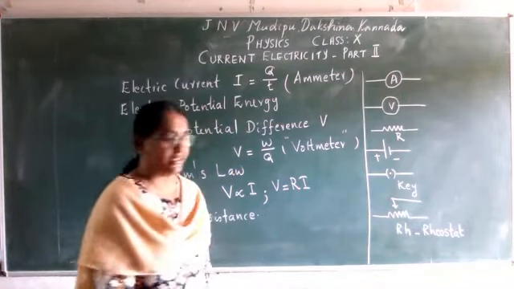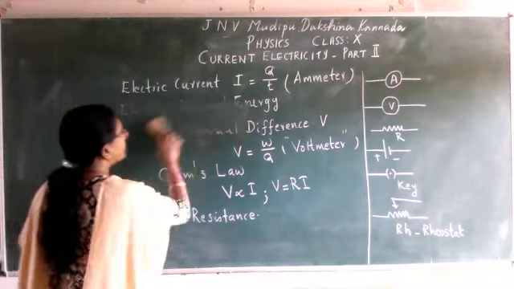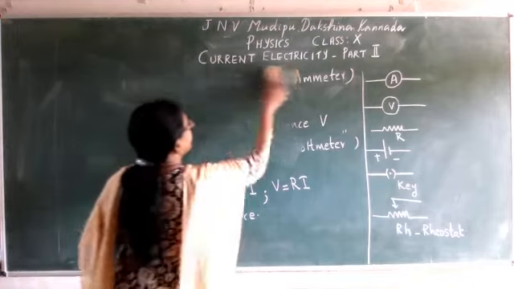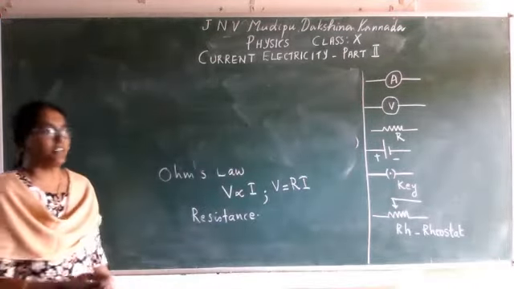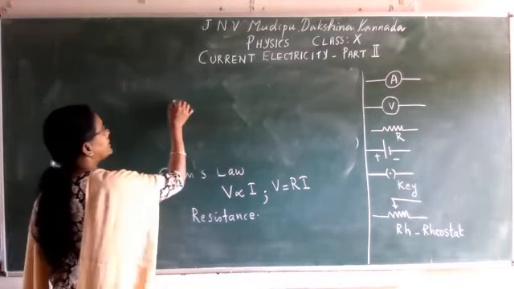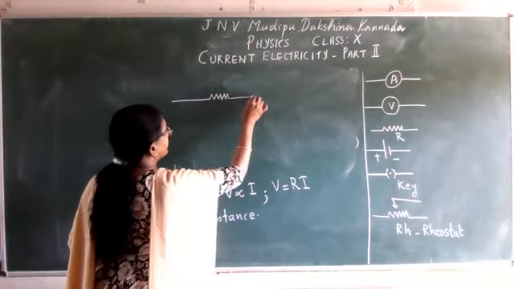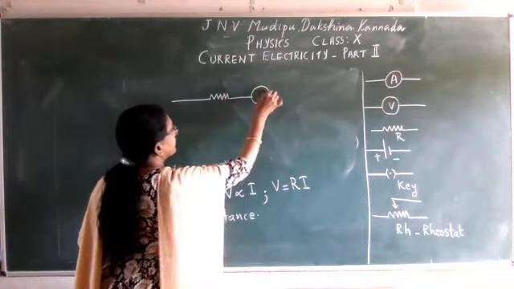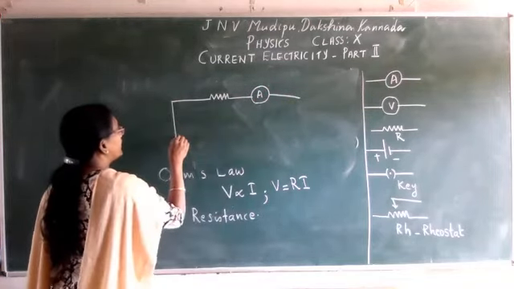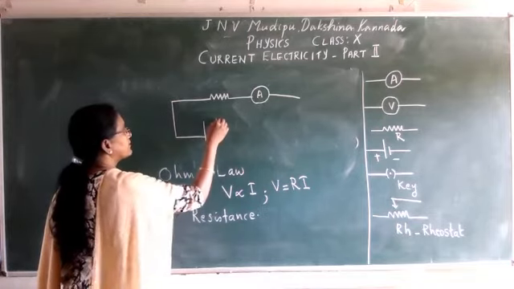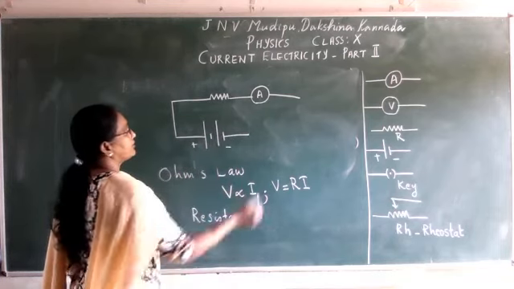So how will we make the circuit? To connect all these things in a circuit, we have to design it. How will we design the circuit? With all the precautions you have learned in the previous class, we have to design. We have to take the resistor, and this resistor must be connected to the ammeter for measuring the current, and the current passes through this resistor with the help of a battery, with positive and negative terminals.